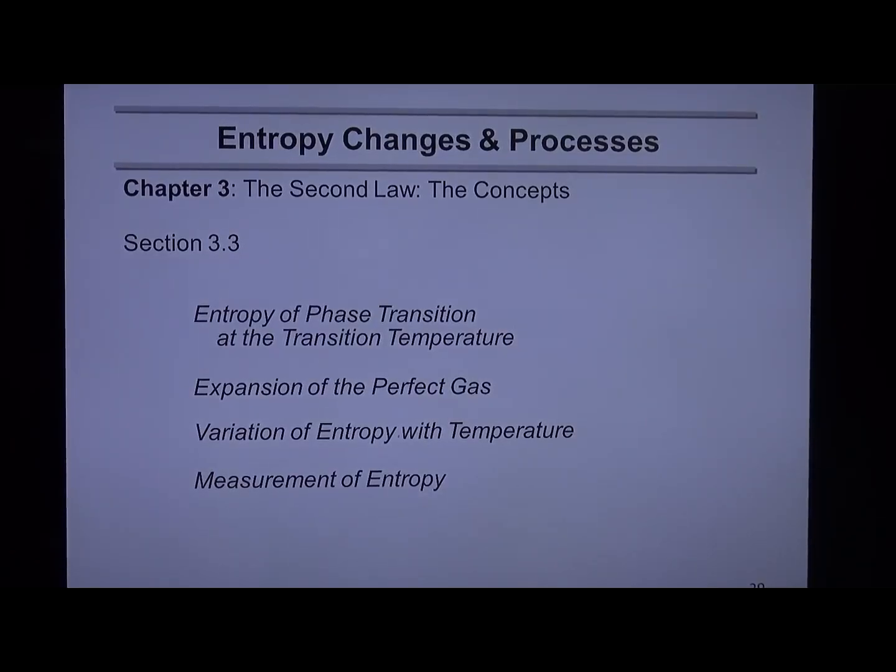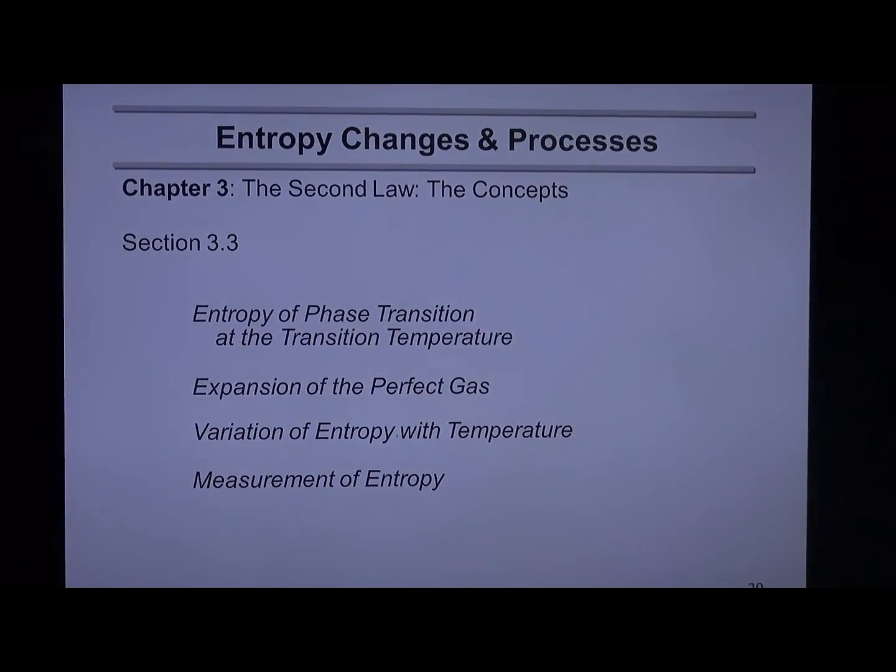Alright, let's move on to section 3.3. Entropy changes and processes. In this section, we'll calculate the entropy change for various specific processes. We learned what entropies are, the mathematical definitions basically.